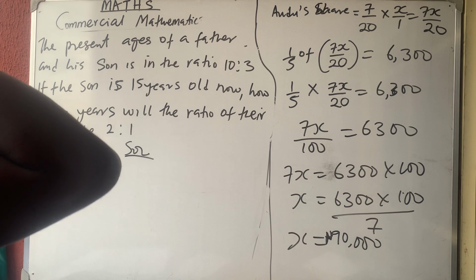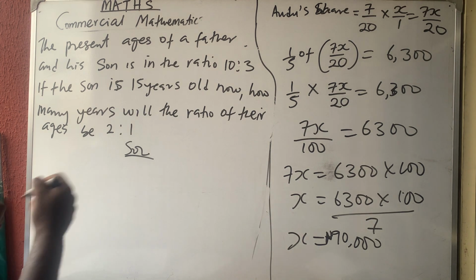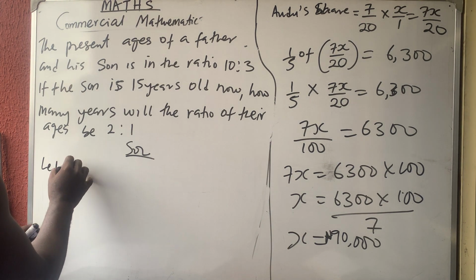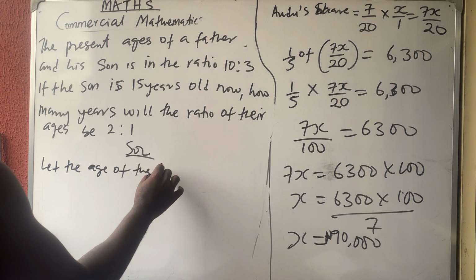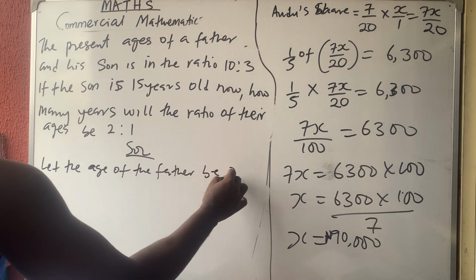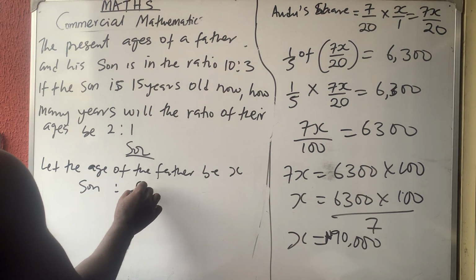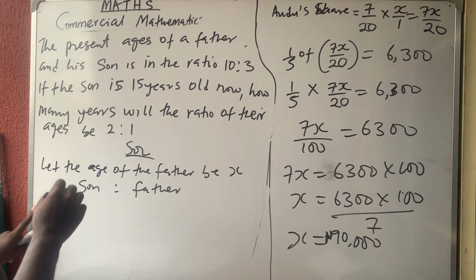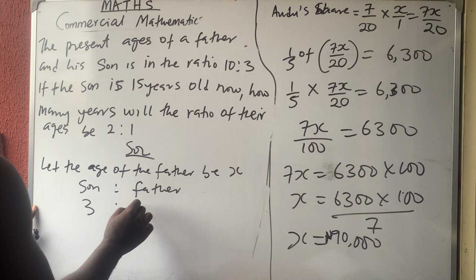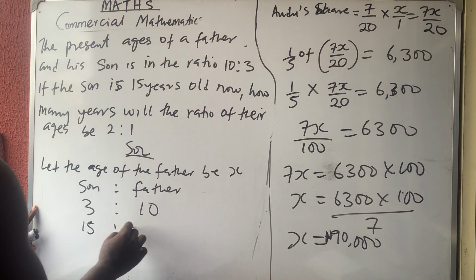So we can say let the age of the father be x. So let's have son is to father. So therefore the ratio is what? Son is 3, is to father is 10, and age of the son is 15, is to father x.